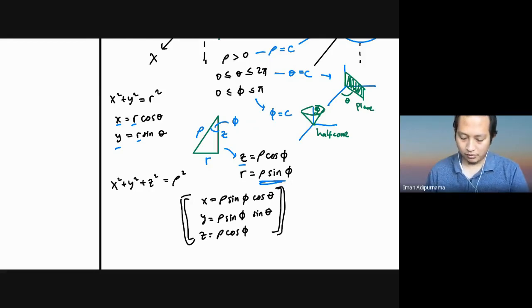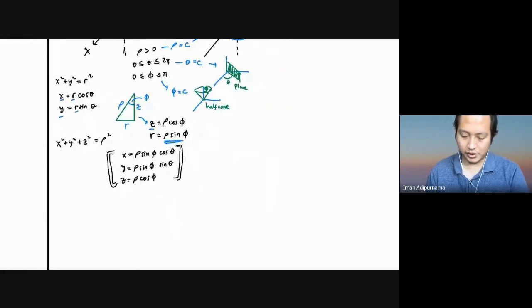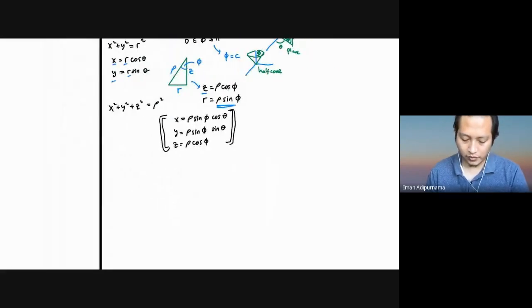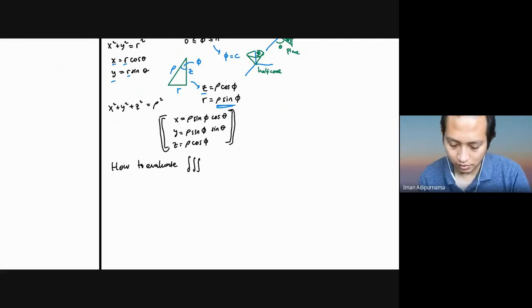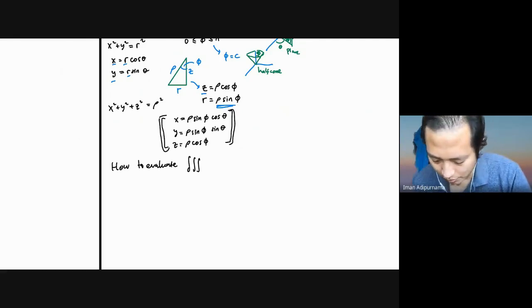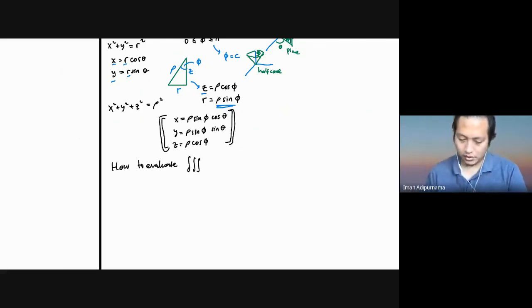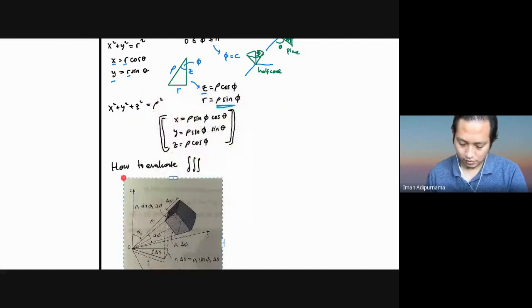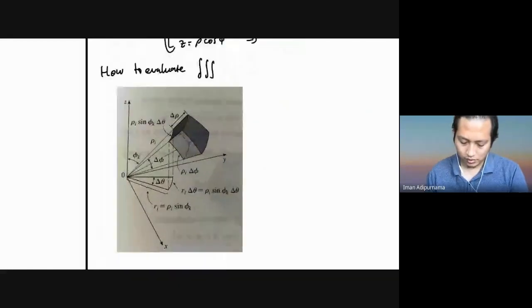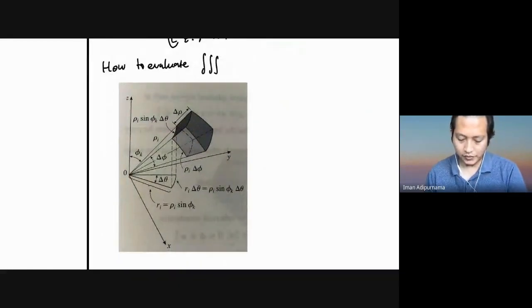Okay. Now, the question is how to evaluate the triple integrals, right? And this is quite complicated, but I think we can make it. So let me write this. Okay, imagine this is a part of a sphere.